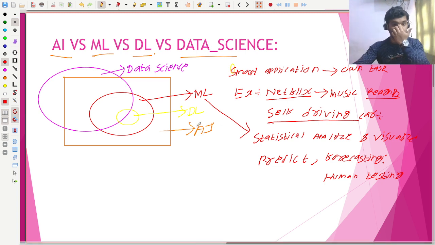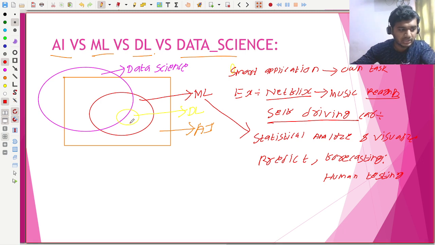After that, we'll discuss DL, that is deep learning. Deep learning is a subfield of machine learning that deals with algorithms inspired by the structure and function of the human brain's neural network. So it works on neural networks.